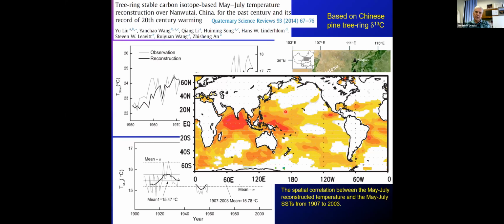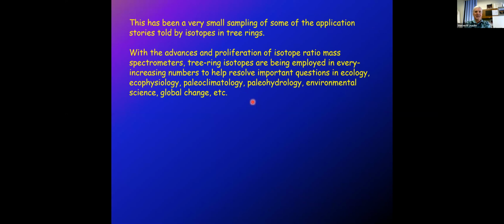A subsequent paper analyzed, excuse me, that was carbon-13. A subsequent paper analyzed delta O18 in Taiwan, which is farther to the east of Xi'an, and finds a very strong correlation with sea surface temperatures here. And that was actually published, but this is not a semi-arid site. The one in Xi'an is.